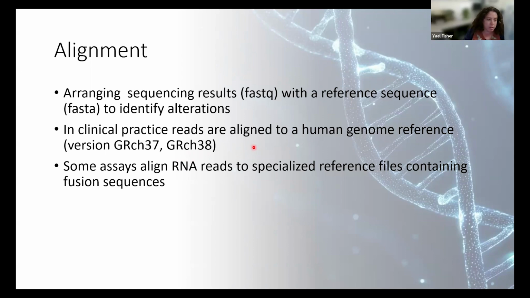Depending on the assay you use, sometimes for RNA, there are specialized reference files that contain the fusion sequences that the assay tests for. In other assays, RNA is aligned to the human genome, just like DNA. So it really depends on which assay you use.